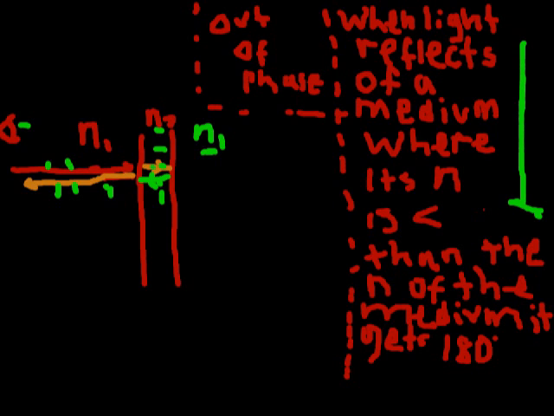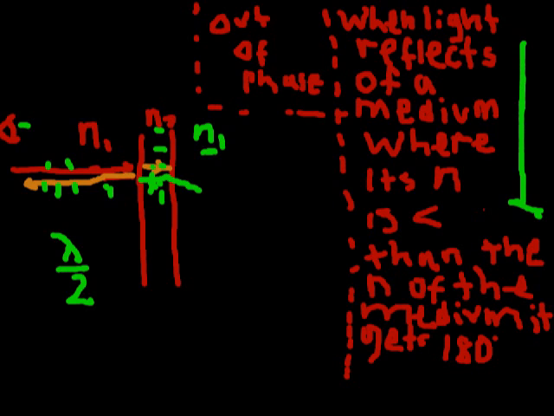So if this is totally out of phase with this, that means this will cause destructive interference. So the only way you could have constructive interference is if you add half a wavelength to the reflected light inside the film.